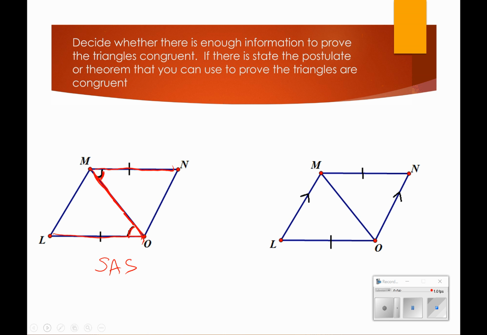Here, it doesn't look like we have much, but because ML is parallel to NO, if you make that a Z, we know that we have this angle congruent to this angle because they're alternate interior. Okay, and that's all we have, and then we have this side. So I've got an angle, a side, and a side, and it doesn't work that way. So remember what I said about this? Bad word, bad postulate. So we don't have enough information to prove that that is congruent.